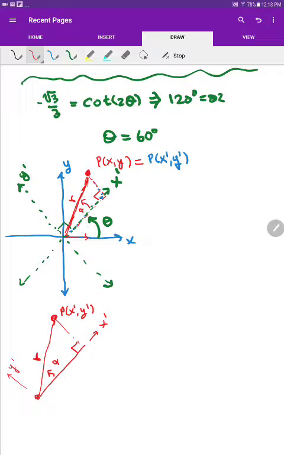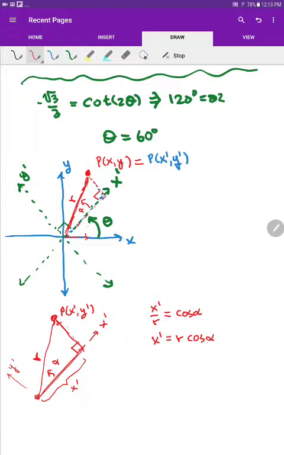And so we can define this as we're going to have an x direction and a y direction for the x prime, y prime. So our x prime distance is really going to end up being, if you think of x prime over r equals cosine of alpha, therefore x prime equals r times cosine of alpha.